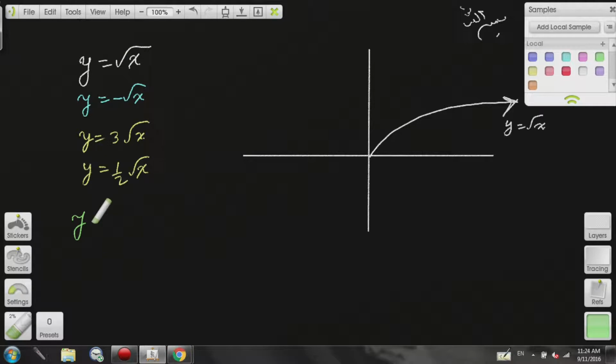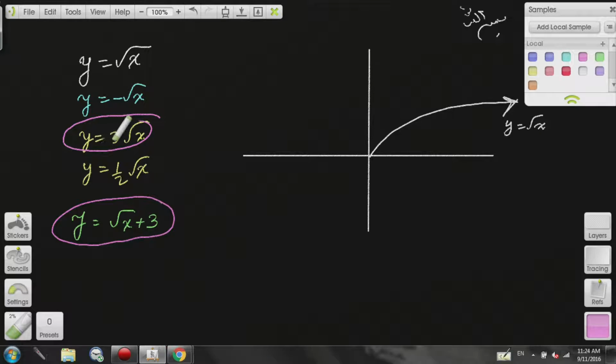How about y equals square root of x plus 3? Okay? Now, I just want you to notice something. This is similar to this. Here is y equals 3 times square root of x. This is y equals square root of x plus 3. How is that different? Well, this function, the yellow one, was just going up faster, like this.